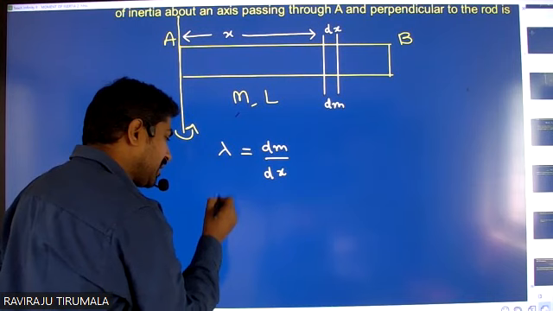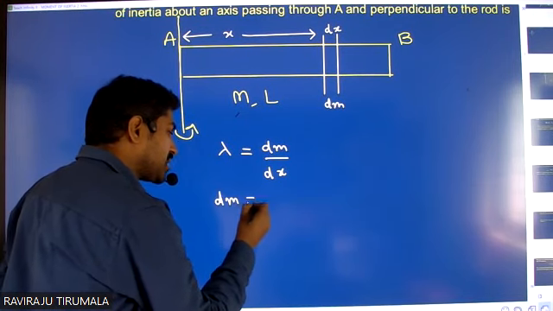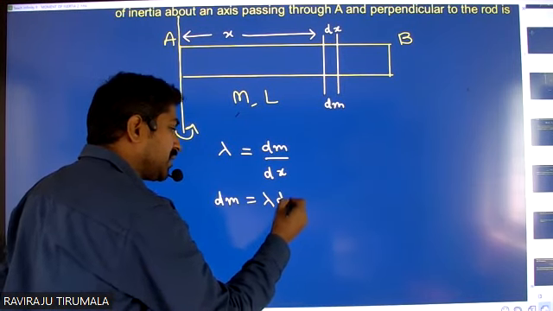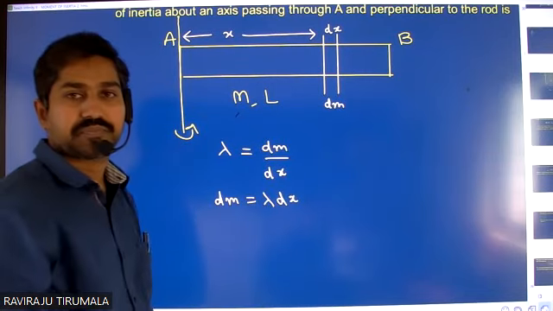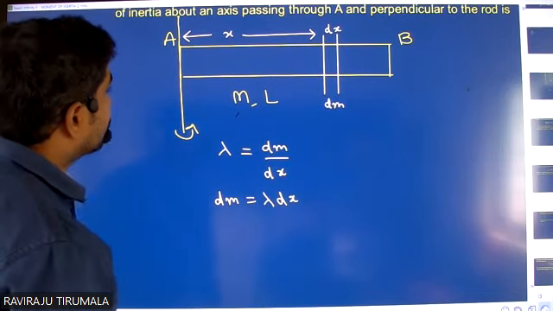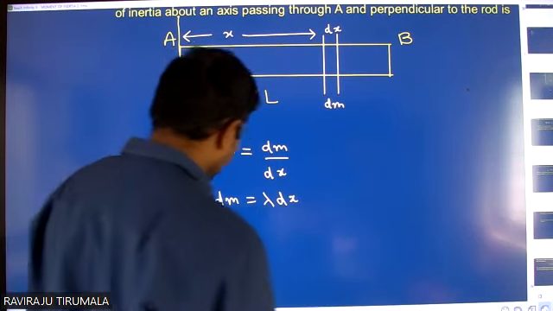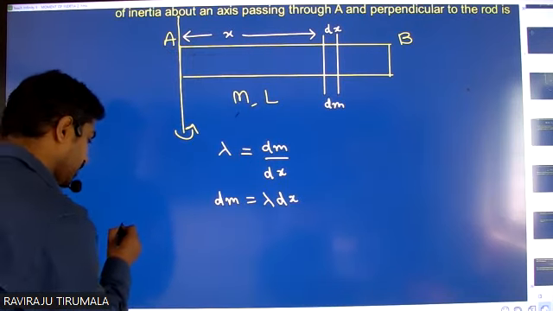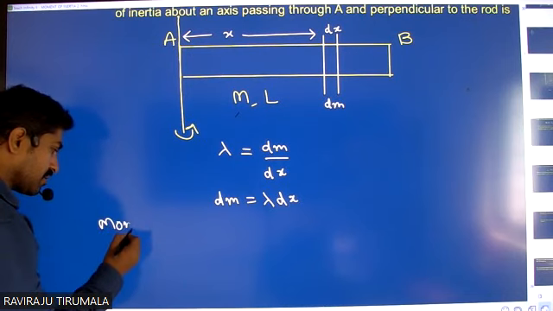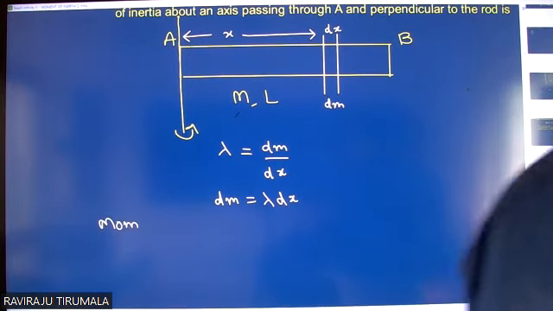So what will be dm then? dm is nothing but lambda into dx. But we have to calculate the moment of inertia here. What is the general formula for moment of inertia in case of variable masses?